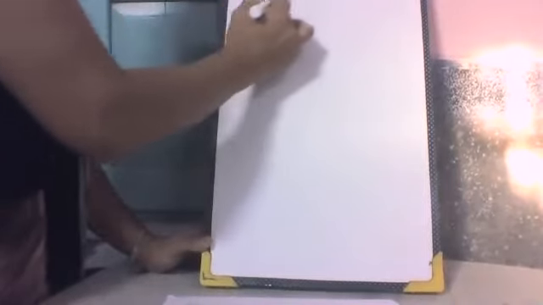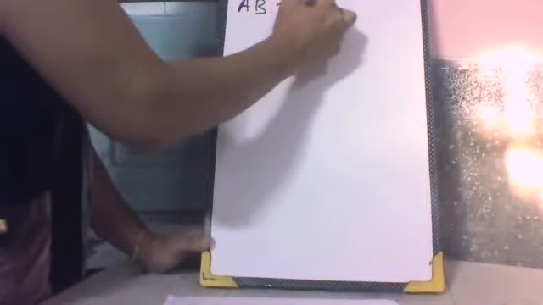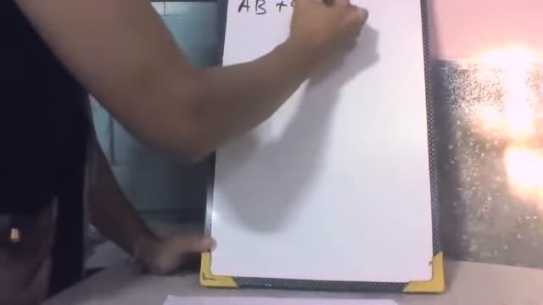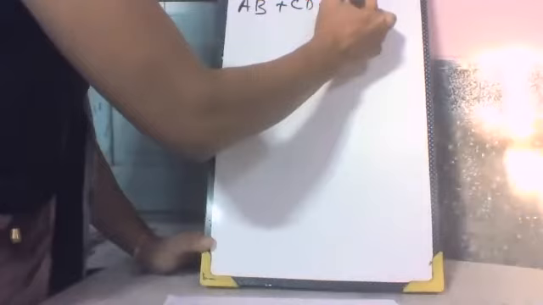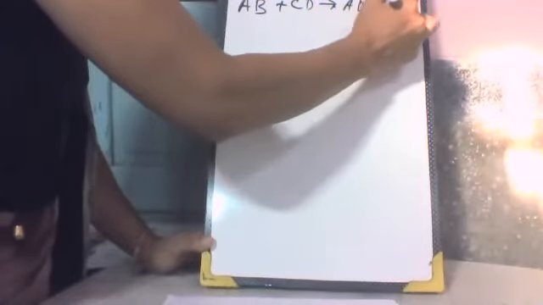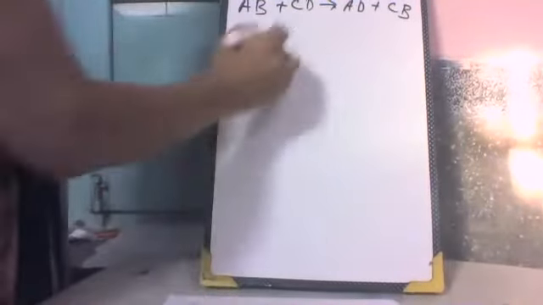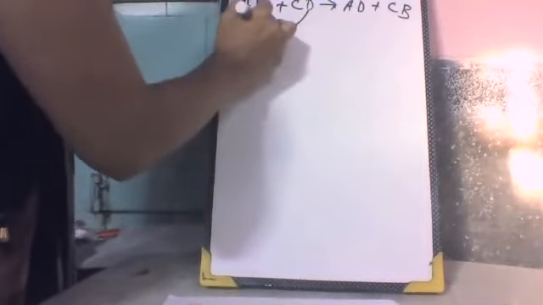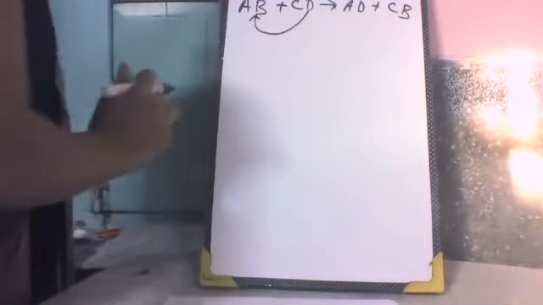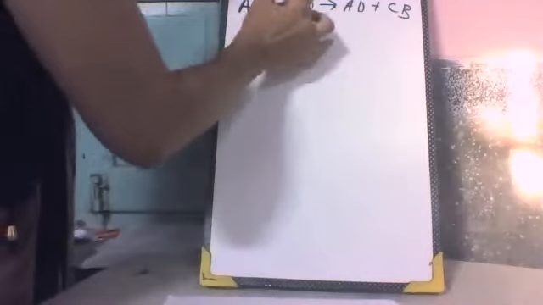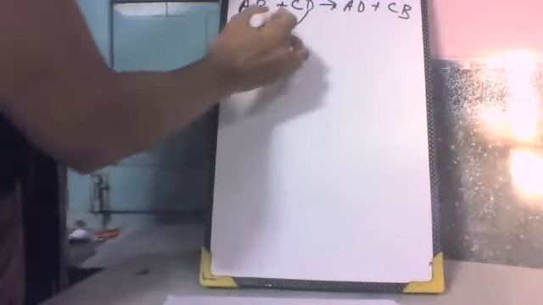AB is reactant 1 and CD is reactant 2. Now this changes into AD and BC. Here new products are formed. This D takes the place of B and this C takes the place of A.